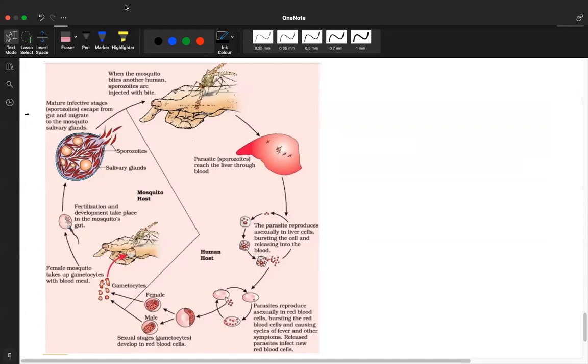Sir, the site through which it enters the body and the target organ are different things, right, sir?